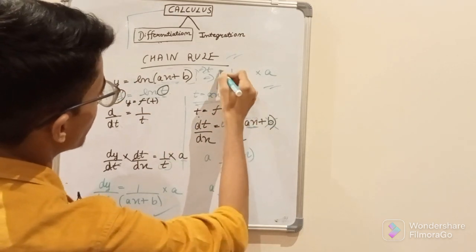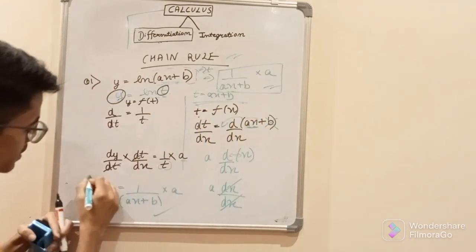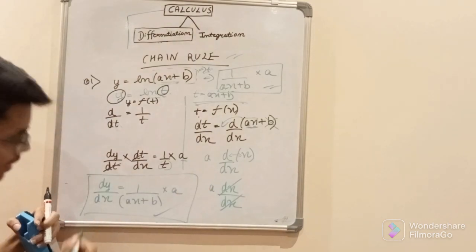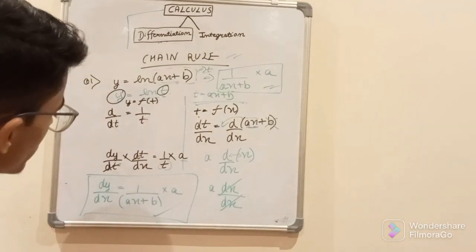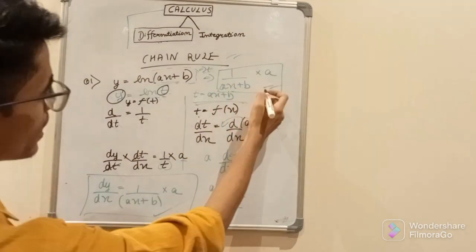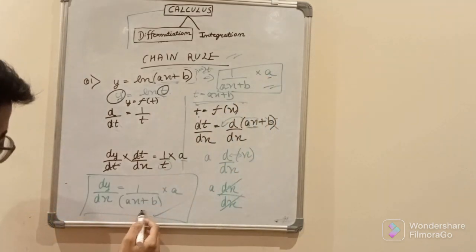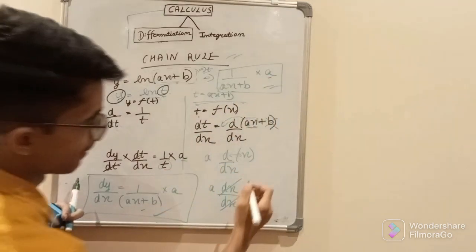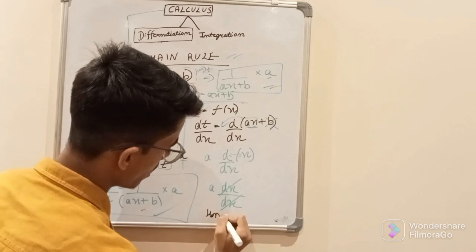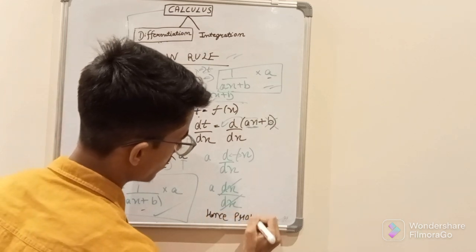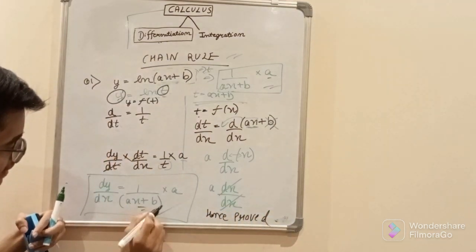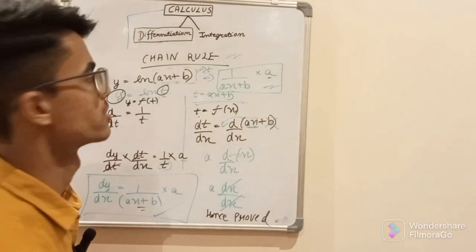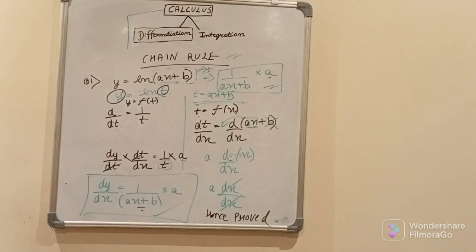You can see that both the answers are matching. 1 upon ax plus b multiplied by a. So we can write, hence proved, that this is the absolutely correct differentiation. Next question.